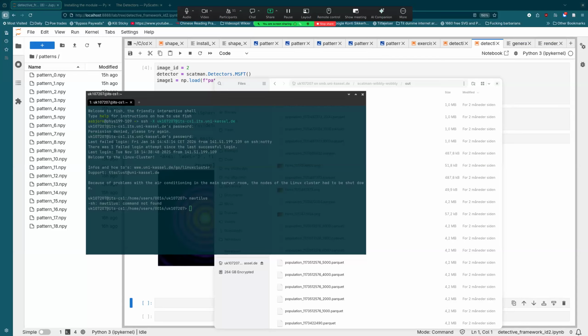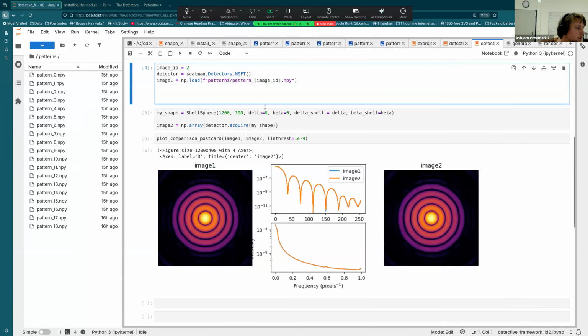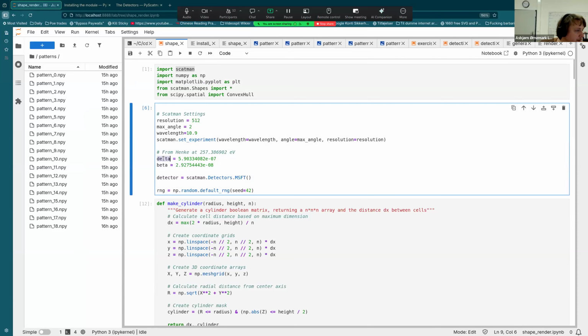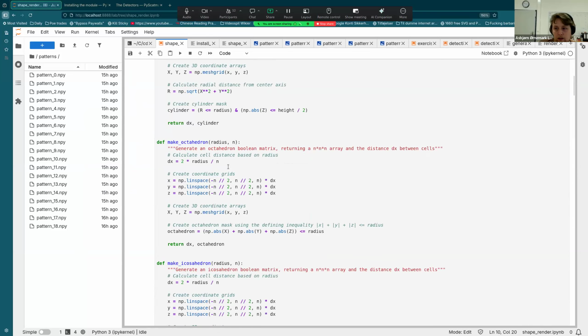Is there anything in this software to describe the optical property of the shape? Yes. When you generate the shape, you give it delta and beta parameters. So basically angle dependence?